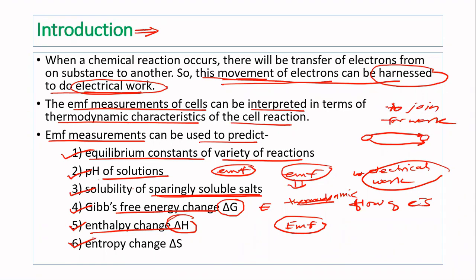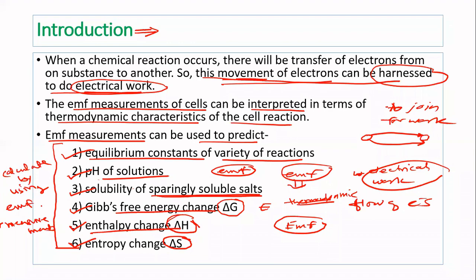And lastly is entropy change, that is delta S, change in entropy. So these are the 5 parameters we can calculate by using EMF measurements.